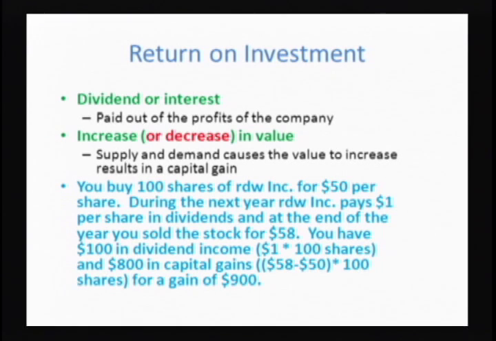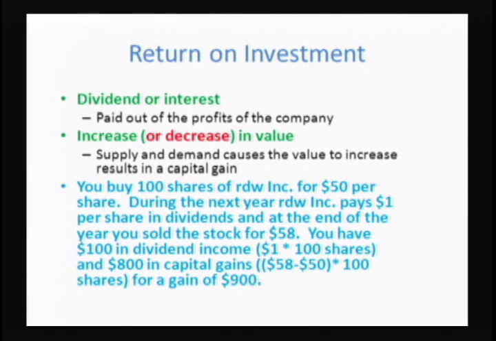You decide to buy 100 shares of RDW Incorporated at $50 per share. You hold those shares of stock for a year. RDW pays $1 per share in dividends over the course of that year, and the value of the stock went up. So at the end of the year, you sell the stock for $58. $1 per share out of 100 shares, you have $100 in dividend income.